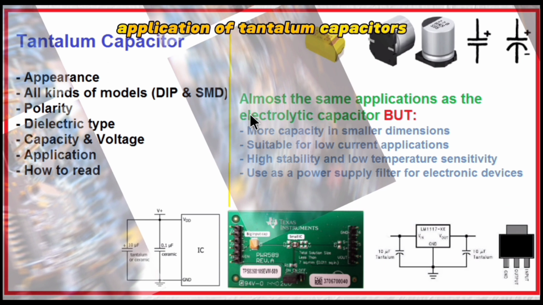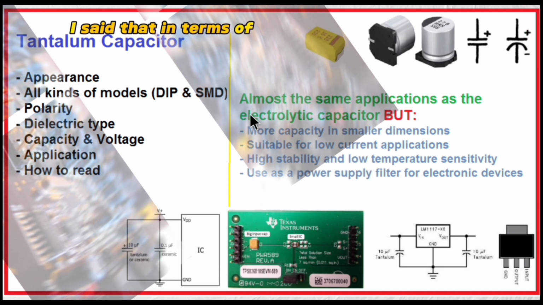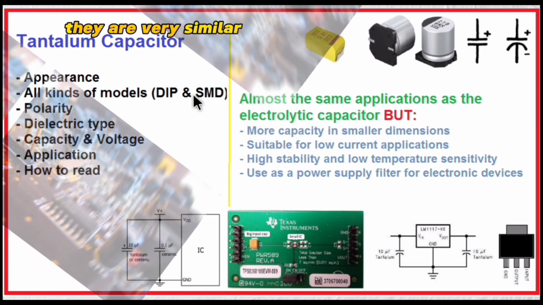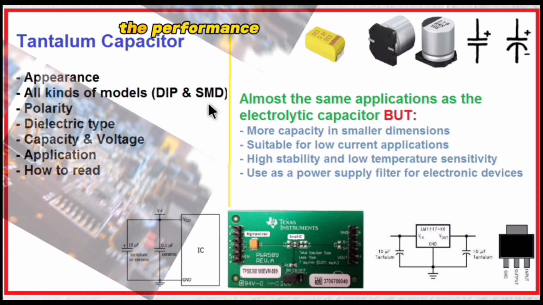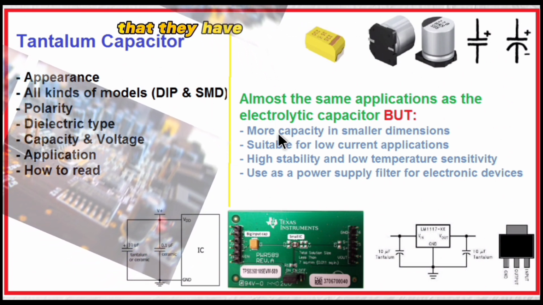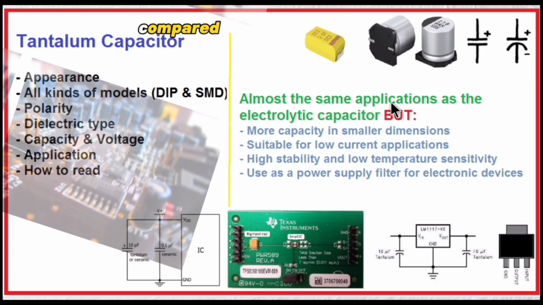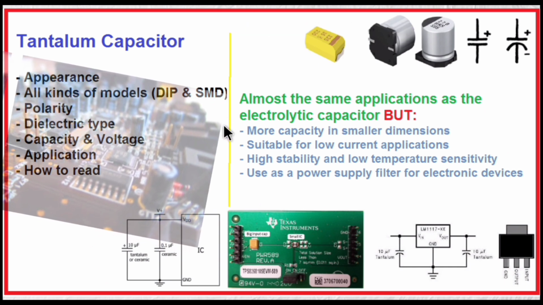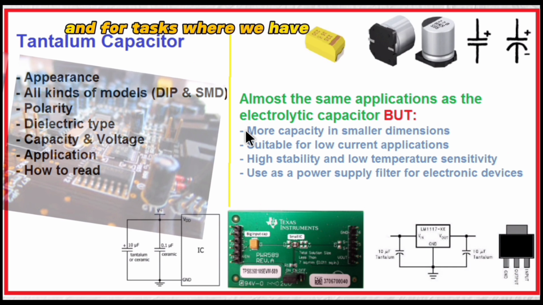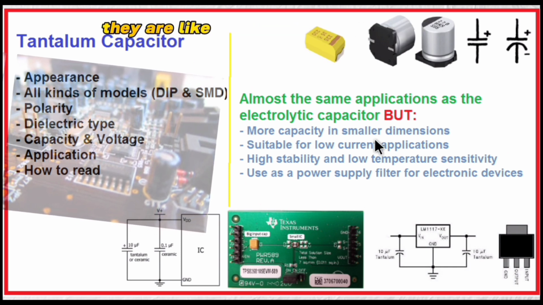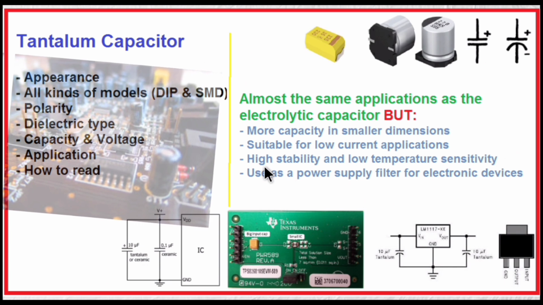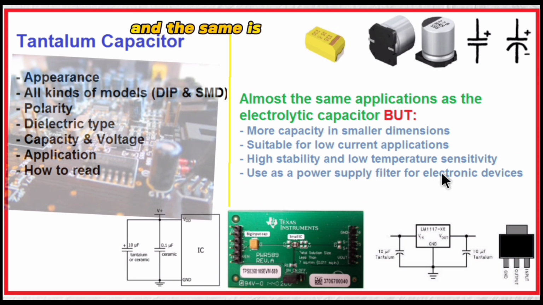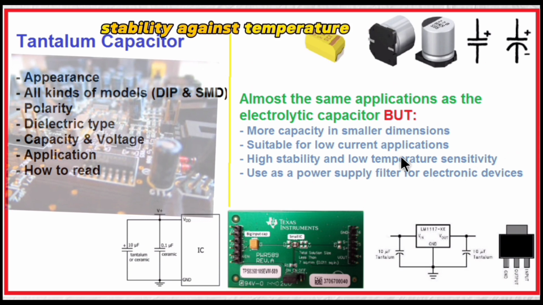Application of tantalum capacitors. I said that in terms of low capacities and low voltages, they are very similar to electrolytic capacitors. Their performance difference is that they have smaller dimensions compared to these capacitors with the same capacity and voltage. And for tasks where we have low current draw, like feeding microcontrollers and sensitive ICs, they are very suitable, and the same is the case for their stability against temperature changes.